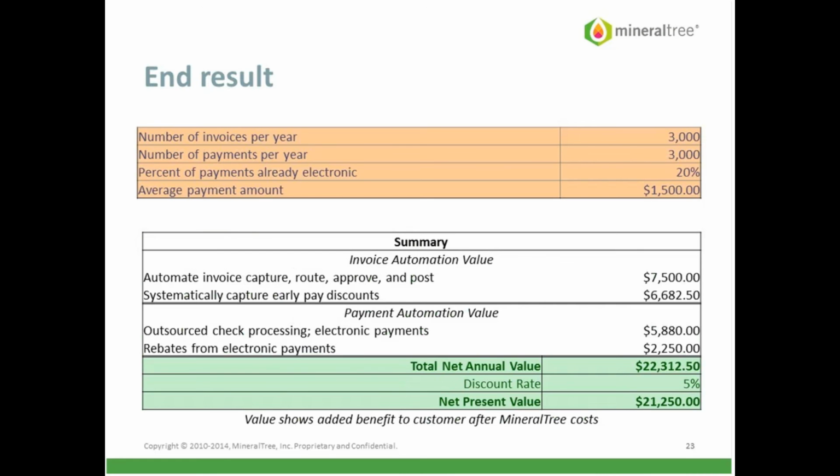And so just to bring it all back around, in the scenario with the 3,000 payments, 3,000 invoices, about $4.5 million in total spend, you're looking at a net savings of about $21,250.